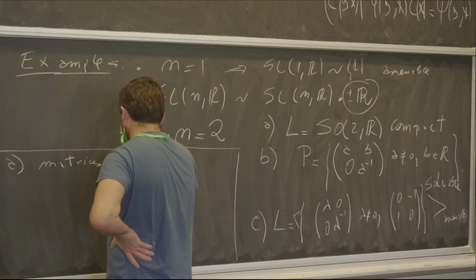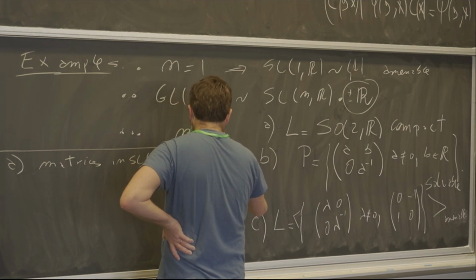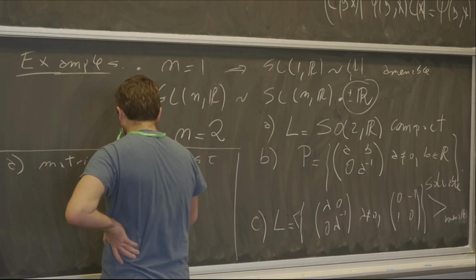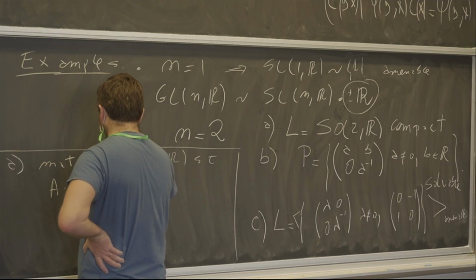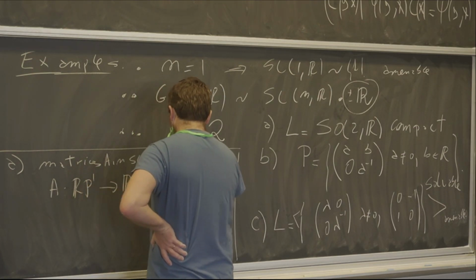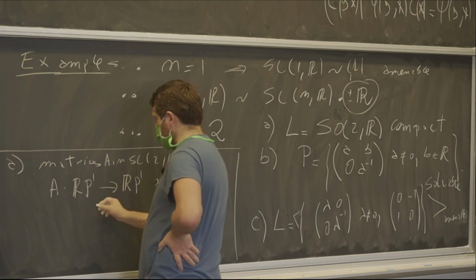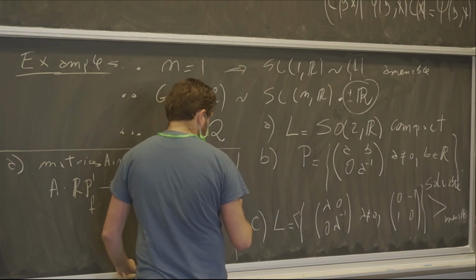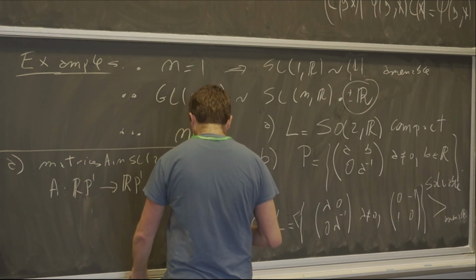So this matrix is in SL(2,R) such that the corresponding action on RP1 preserves a fully supported measure, in this case just Lebesgue measure.